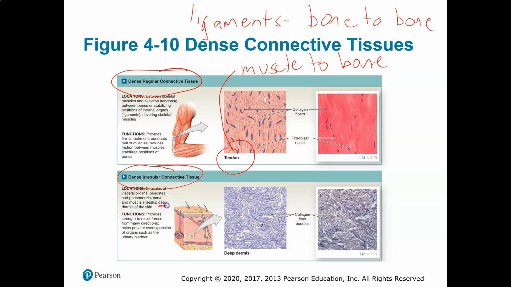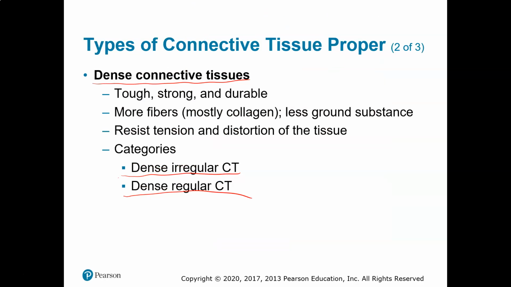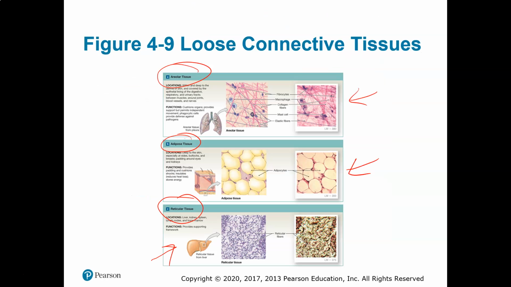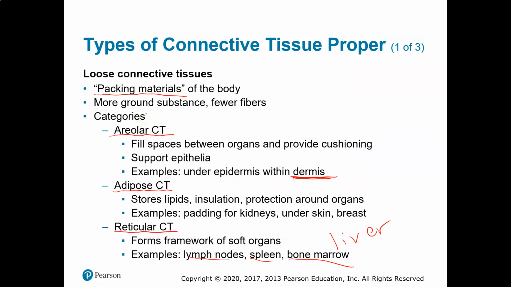So loose connective tissue was found in the upper part of the dermis of the skin. Where it says here the areolar connective tissue, which is a loose connective tissue, if you look at the skin and you say this outside part is the epidermis and then this is the dermis.